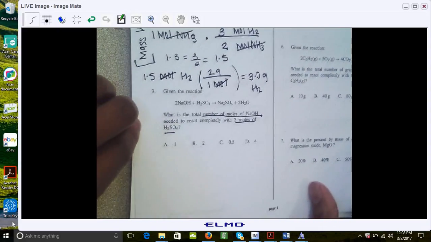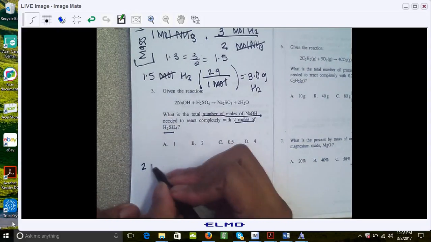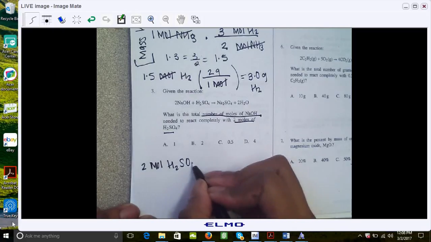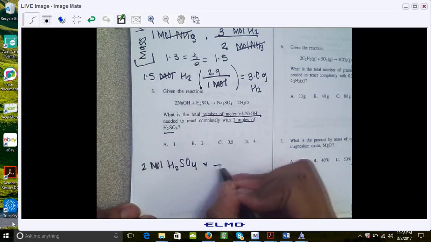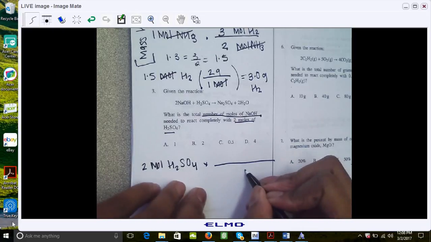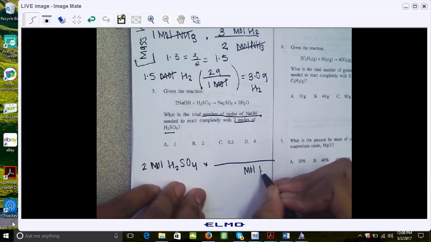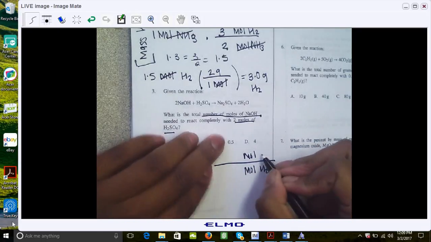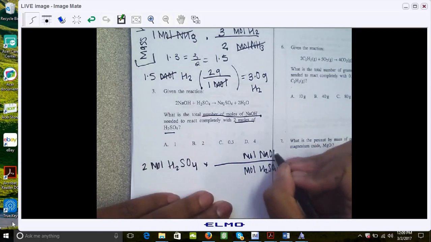Okay, so we always start with given. We have 2 moles of H2SO4. I'm going to multiply that. I'm going to put the moles of H2SO4 at the bottom over the moles of NaOH at the top.